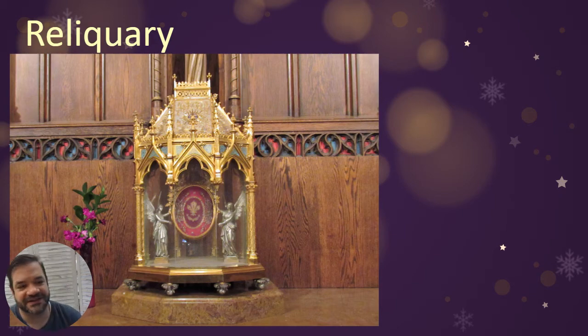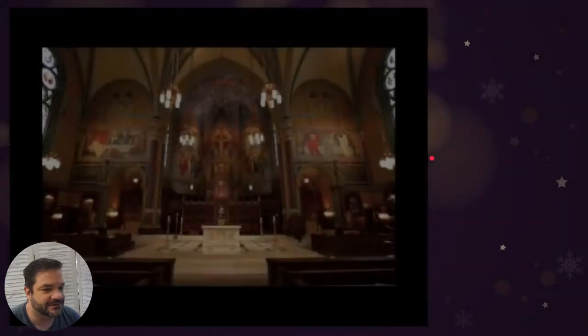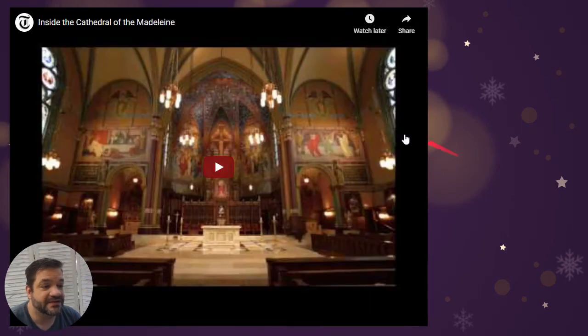So that's the relic that is housed at the Cathedral of the Madeleine. Again, there's another clip. You can see how it's richly, richly painted, because of the idea that it's sacred on the inside, secular on the outside.